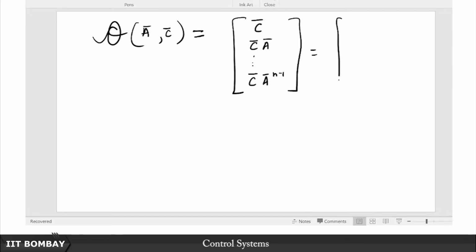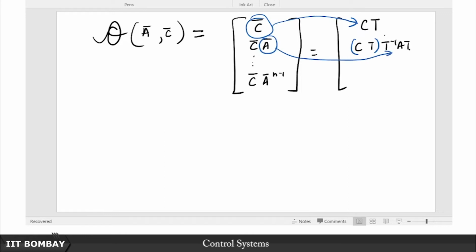Now if you want to write this in terms of the original matrices, then we get C bar, which is CT, remember that is what C bar is. And then CT times T inverse AT, which is basically this. So in between, this T and T inverse will cancel each other.